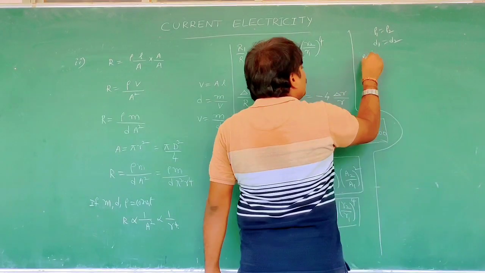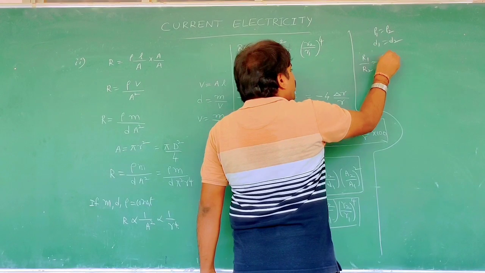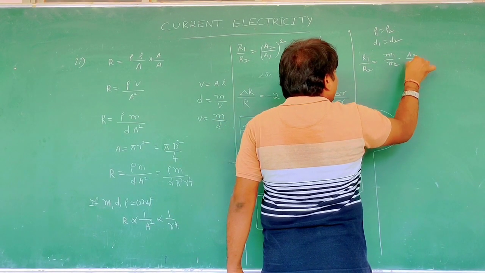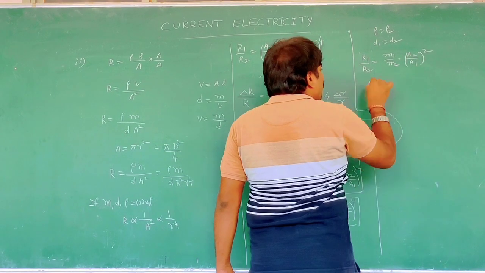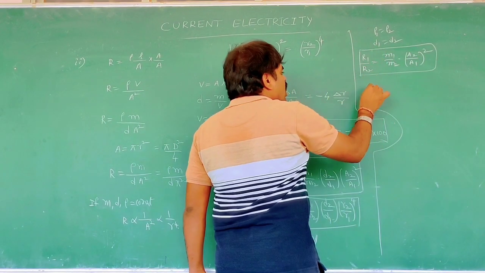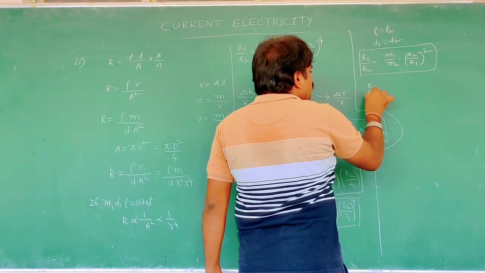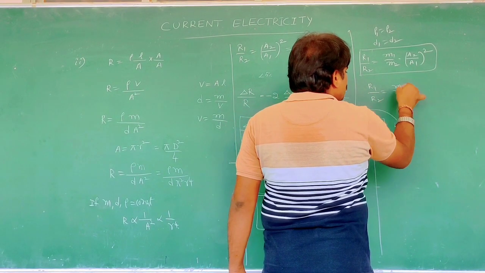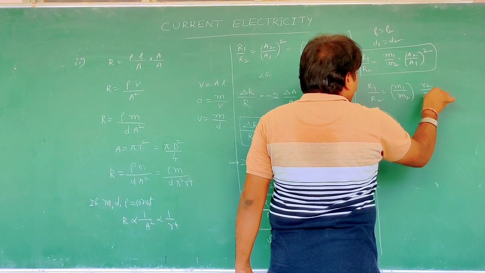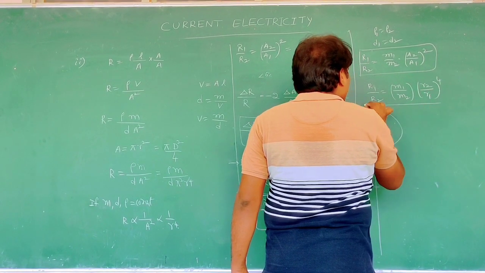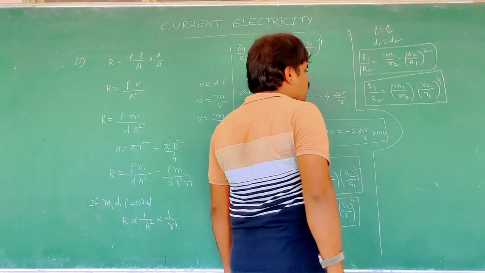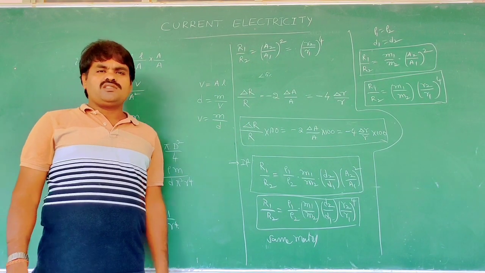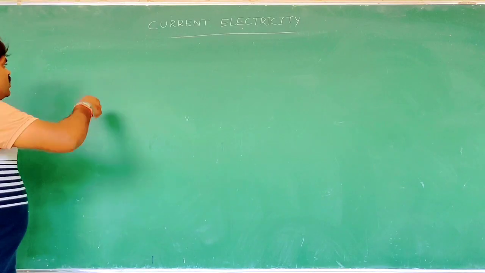Then R1 by R2 is equal to M1 by M2 into A2 by A1 whole power of 2, or R1 by R2 is equal to M1 by M2 into r2 by r1 whole power of 4. By using these formulas, we are finding the ratios of the resistance of the conductors.